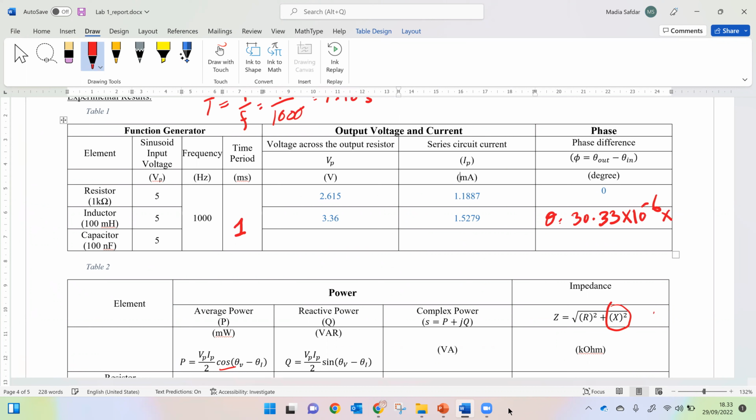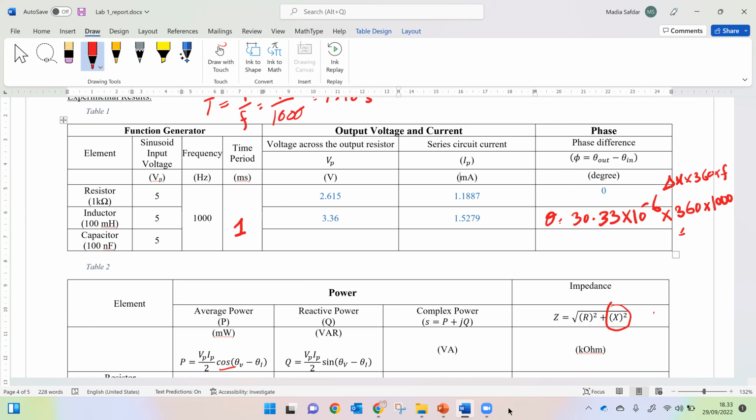We'll multiply it with 360 and multiply it with the frequency, which is 1000 hertz. So this is basically delta x multiplied by 360 multiplied by frequency. Okay, then calculate this value.